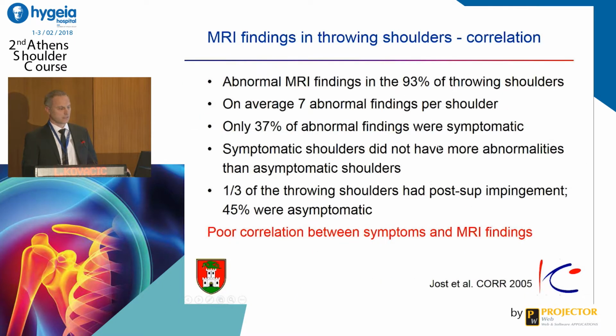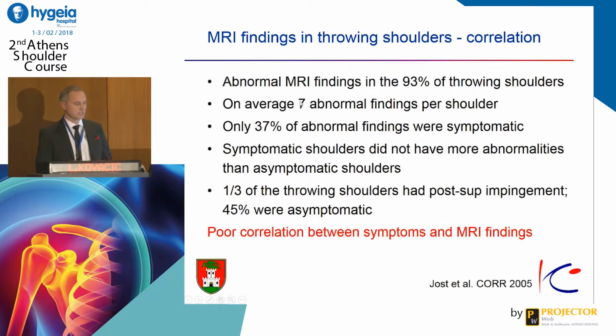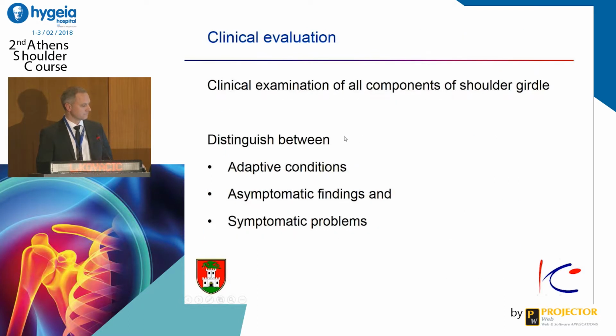And from this study, we can conclude that there is a very, very poor correlation between symptoms and MRI findings, because it was shown that 93% of throwing shoulders have abnormal MRI findings, and on average, there are 7 abnormal findings per shoulder, and only 37% of abnormal findings were symptomatic.